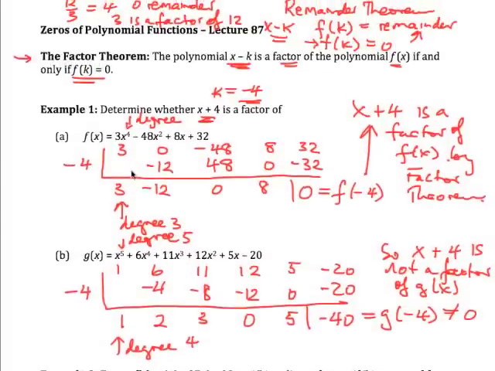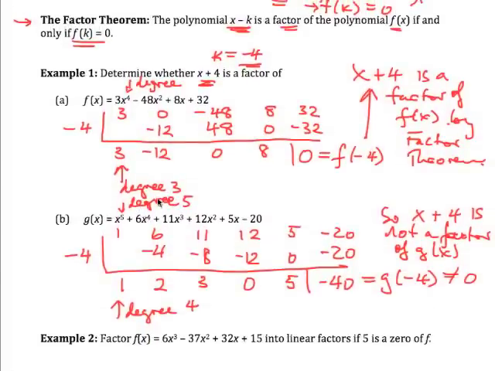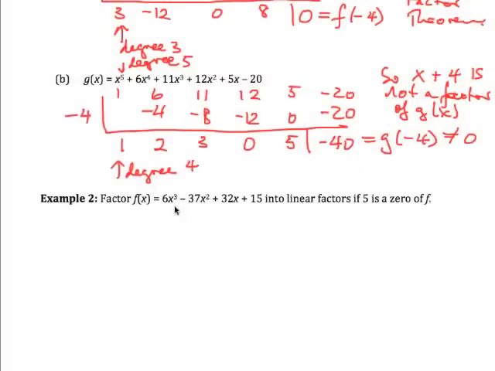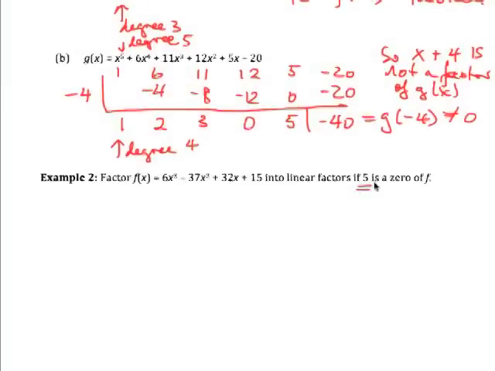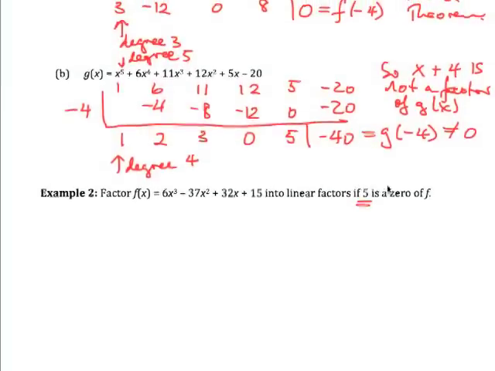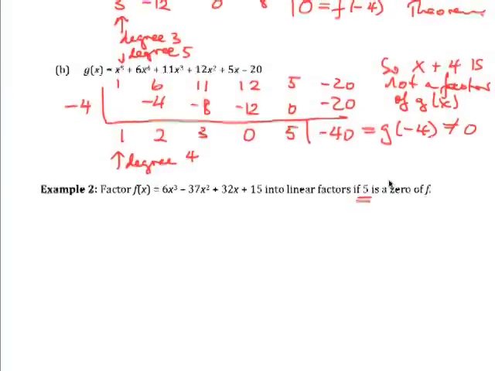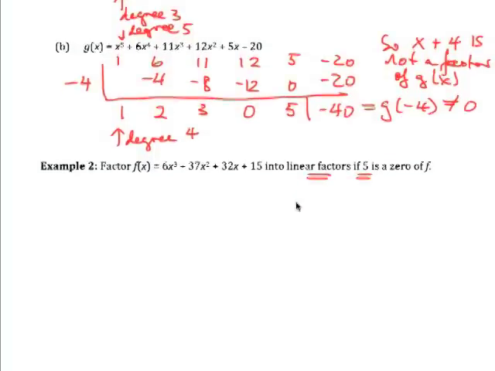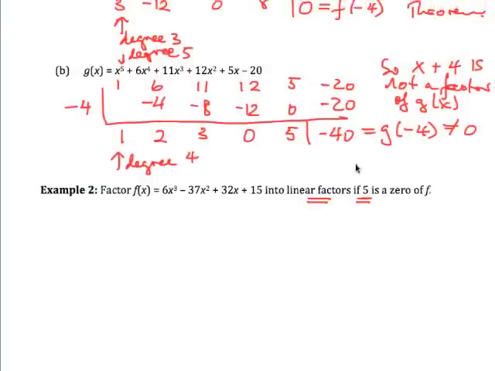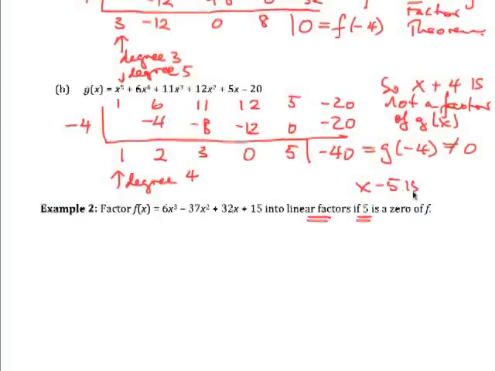Now this is significant because if we want to factor a polynomial of higher degree than 2, then we can use synthetic division to reduce the degree. This is particularly useful in cubics because if I have a factor, like in this case here, a factor of 5. So 5 is a 0, but we want to find all the linear factors. Well, if 5 is a 0, then x minus 5 is a factor.